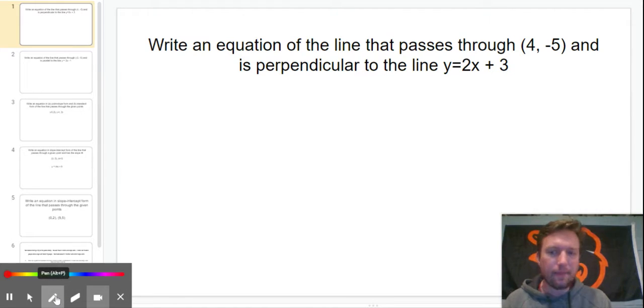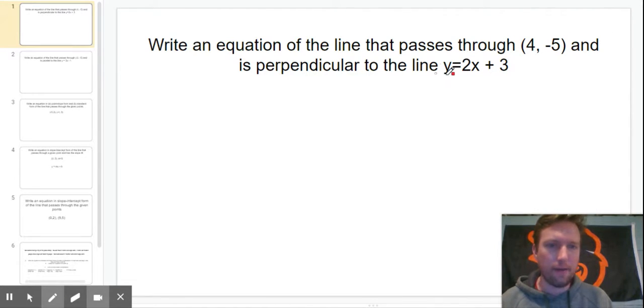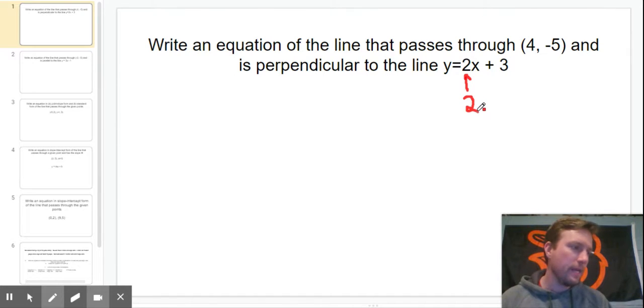Looking at this problem, I have this equation here, y = 2x + 3. I know that this is y = mx + b. This number here, this 2, is going to be our slope, just like before.